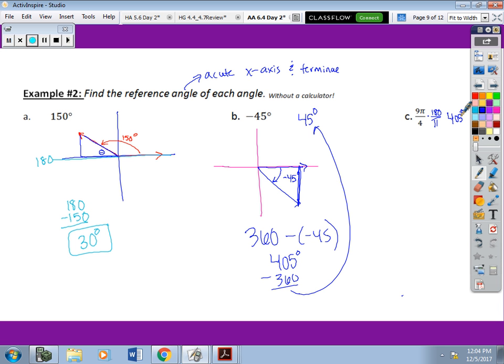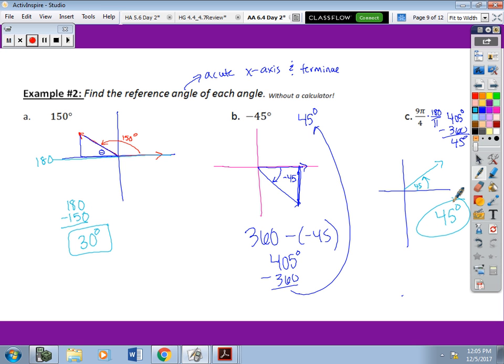So if it's 405, before you even sketch the graph, you might want to use what we learned on the front, the coterminal, to get rid of one full revolution. So we'll subtract 360, and we'll get 45, which should tell you that's the answer, but if you need to sketch it to see it, 45 degrees is right here. It is acute, and it is touching the x-axis, so that's your answer.